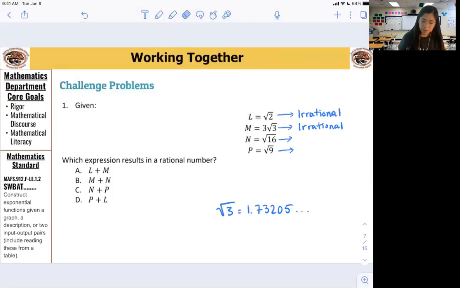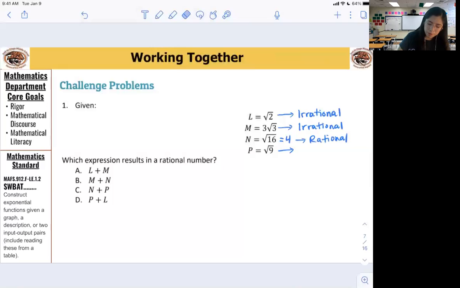How about the square root of 16? Rational. Good. What is the square root of 16? 4, which is a rational number.